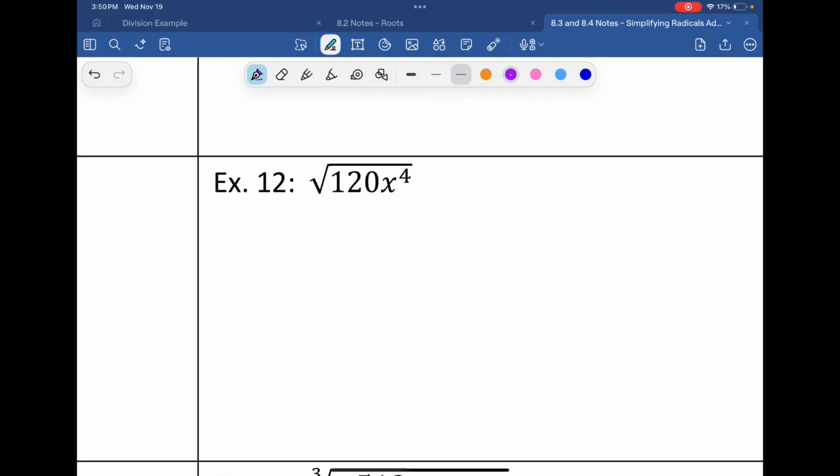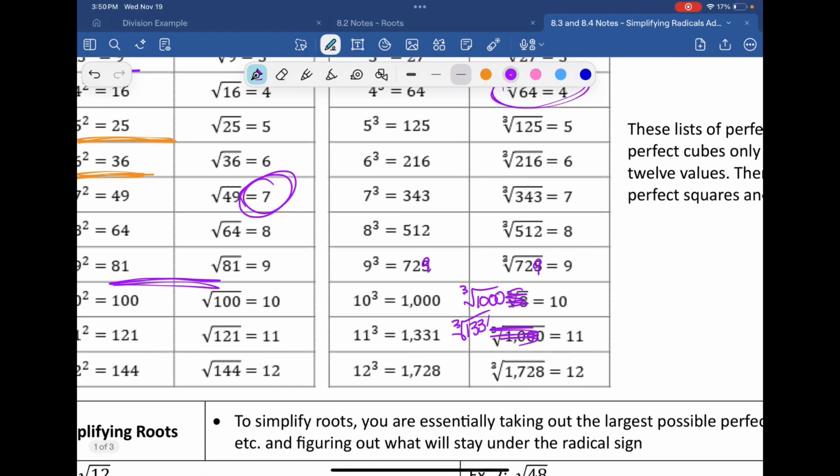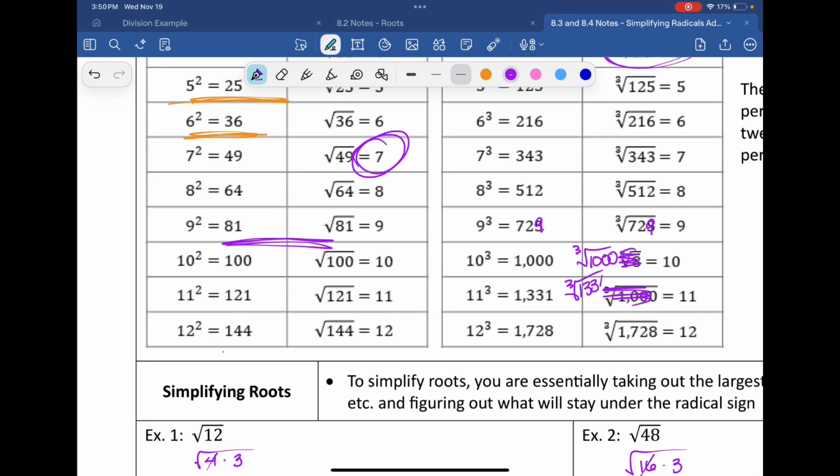120x to the 4th. All right, so 120 falls here. So we want to divide, not by 100, that didn't work.